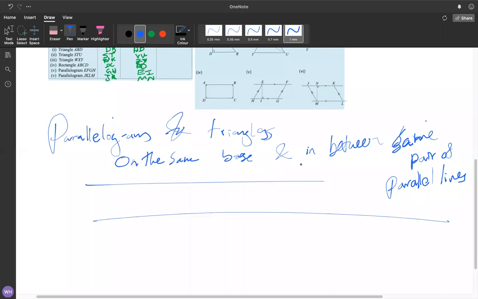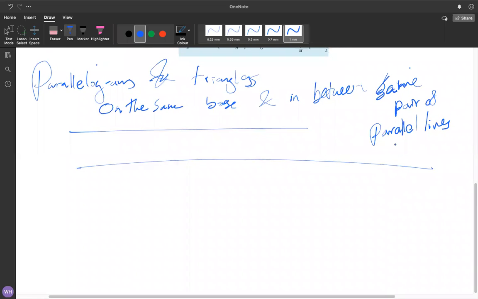Write this subtopic: parallelograms and triangles on the same base and in between same pair of parallel lines.